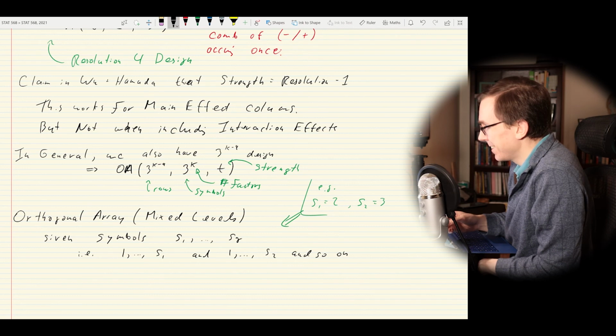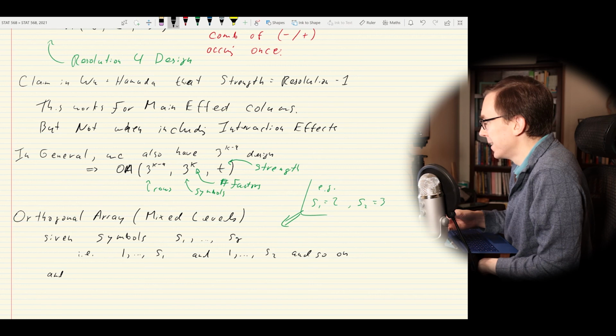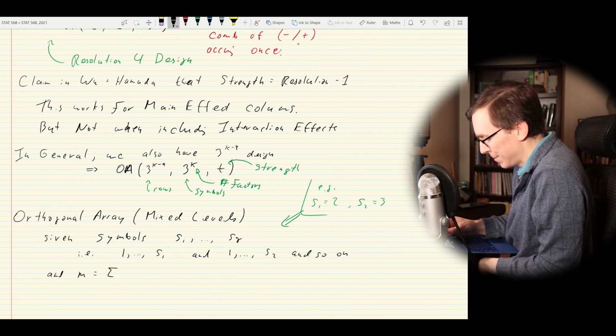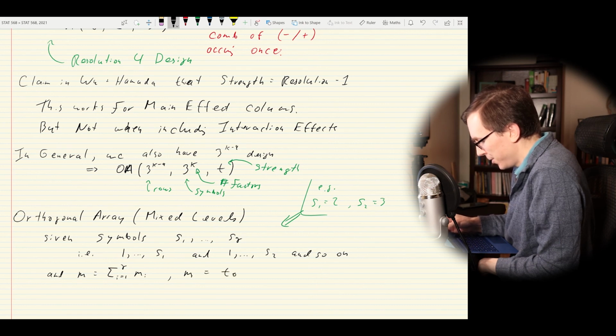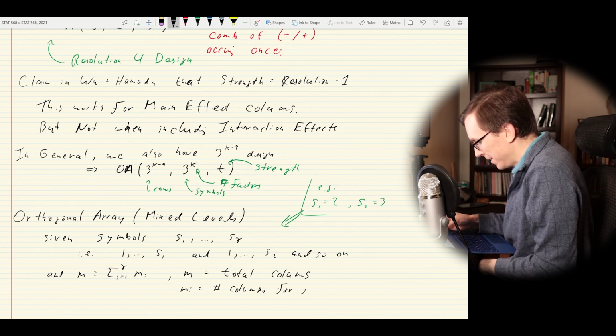Oh yes, and M is equal to the sum, this is the total number of columns, i from 1 to gamma of m i, where M is equal to the total columns, and m i is equal to the number of columns for, we'll say, factor level S i.